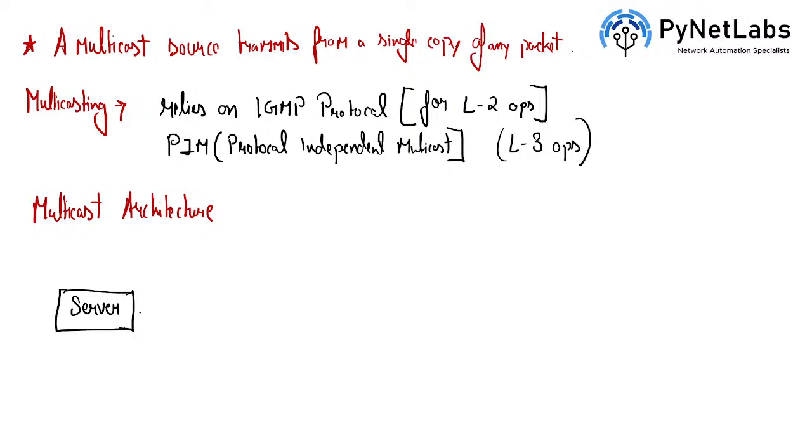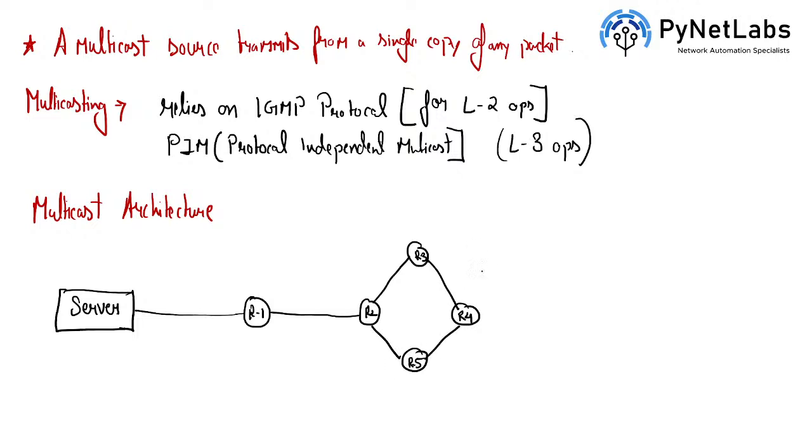This media server is connected to R1, and R1 is connected to R2. Now R2 is connected to, let's say, three or four routers here. R3 is there, R4 is there, and both of the routers are connected to R5 as well.